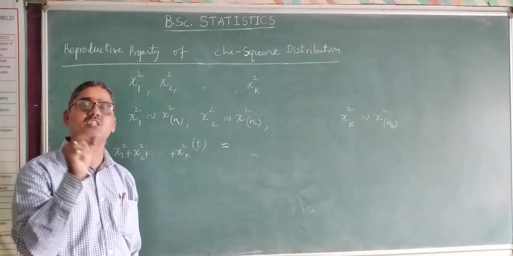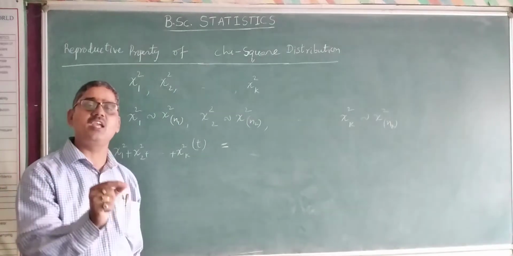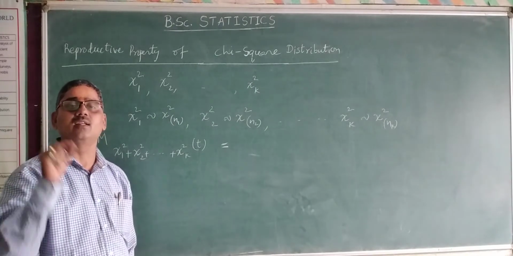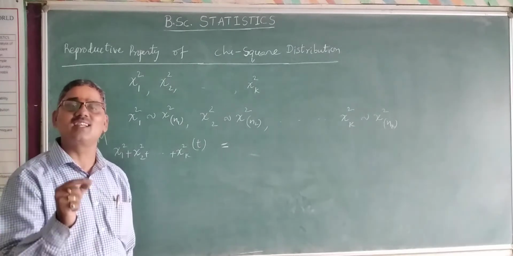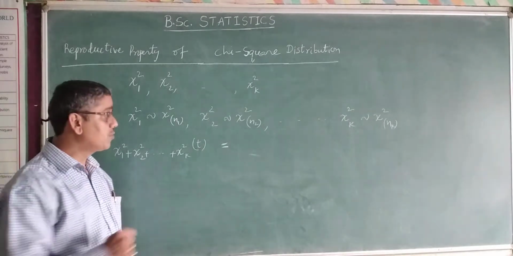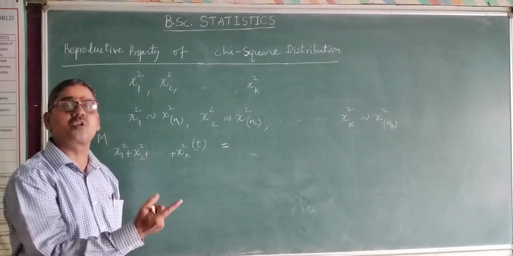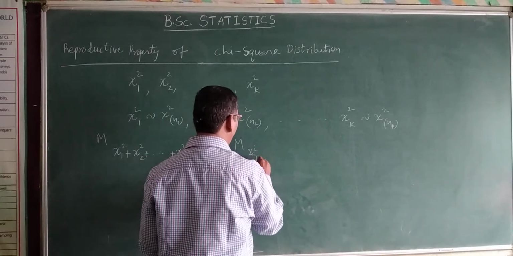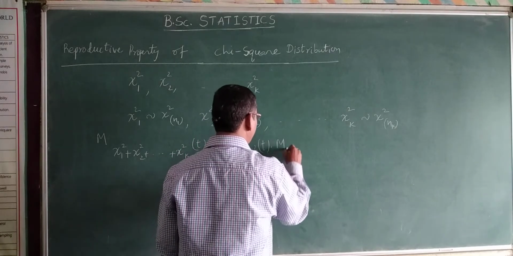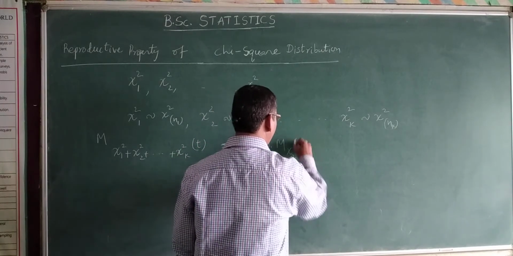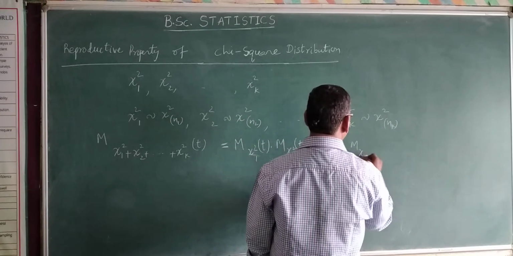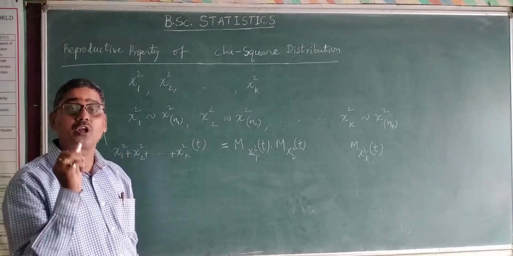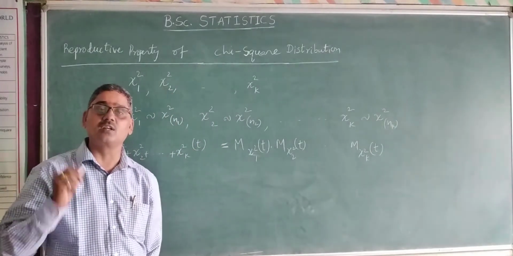That is, M of X1 plus X2 plus Xn at t is equal to M of X1 at t into M of X2 at t and so on multiplied by M of Xn at t. So now we have M of chi-square 1 at t multiplied by M of chi-square 2 at t and so on multiplied by M of chi-square k at t.